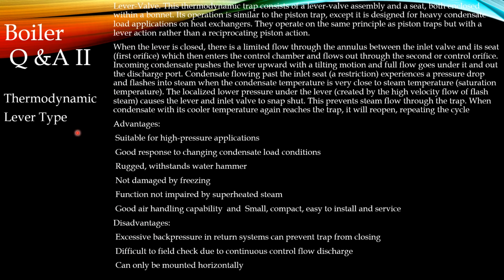Now we can see the last type, the lever type. The lever valve thermodynamic trap consists of a lever valve assembly and a seat, both enclosed within a bonnet. Its operation is similar to the piston trap, except it is designed for heavy condensate load applications on heat exchangers. Normally it is used in heat exchangers.